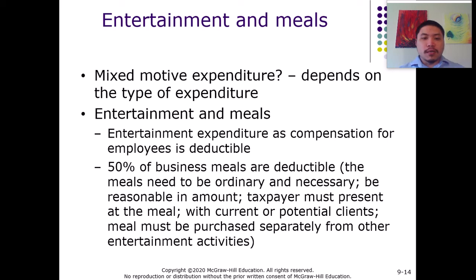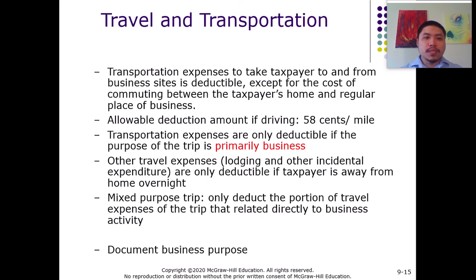All right. What about travel and transportation? Transportation expense can be deductible if it is necessary for the taxpayer, meaning it has to happen to take the taxpayer to and from a business location to conduct the business, right?